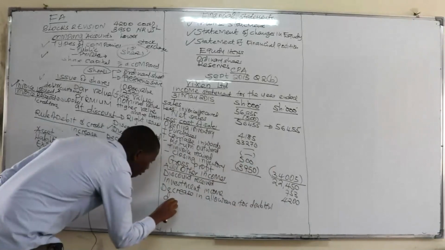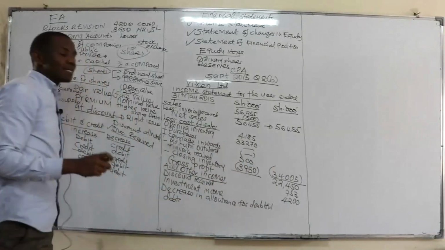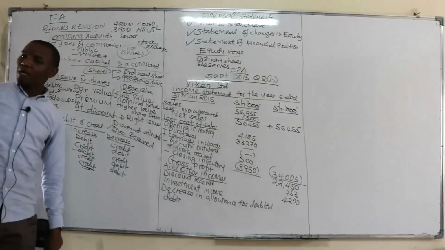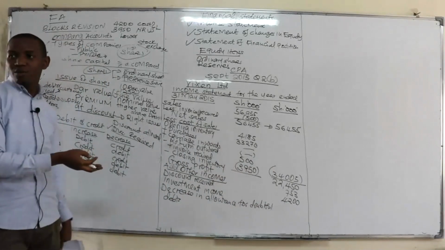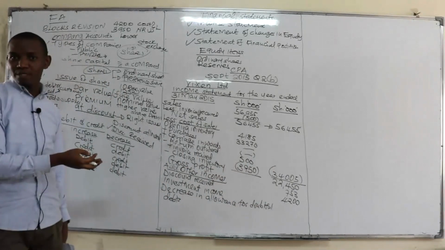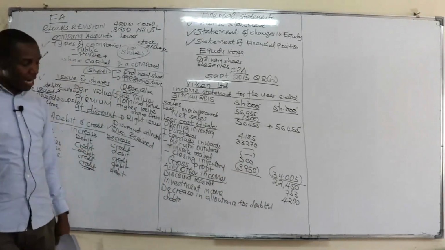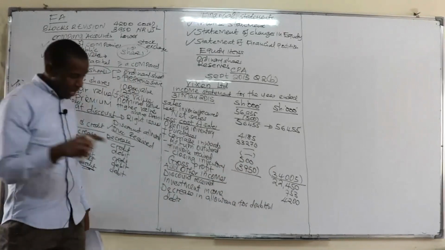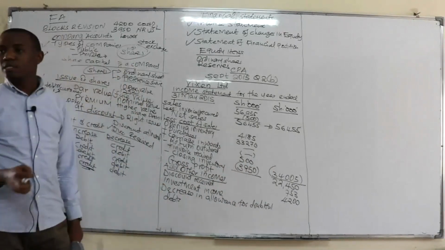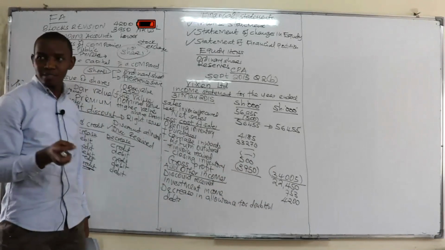Now, when you talk of doubtful debts, these are those credit customers to whom you have sold, but you are in doubt that these customers are not going to pay. So, when you are in doubt, you either look for an increase or a decrease. If it is an increase, you will take it as an expense.